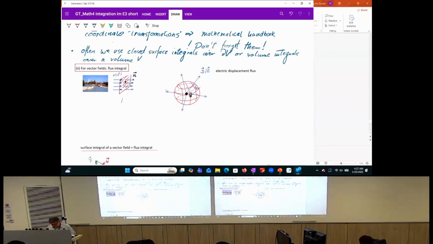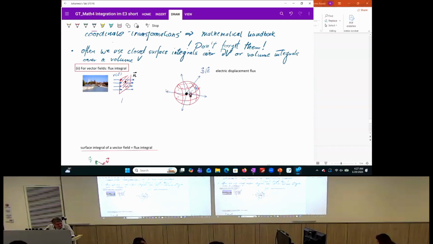Basically, there you see a small picture of the river that we have in Munich. So you have water flowing, and you want to know what is the flow through a certain surface. That would be a flux integral. And now, if you have a flow of particles, you can assign to every particle a velocity, so it has a certain magnitude and a direction.